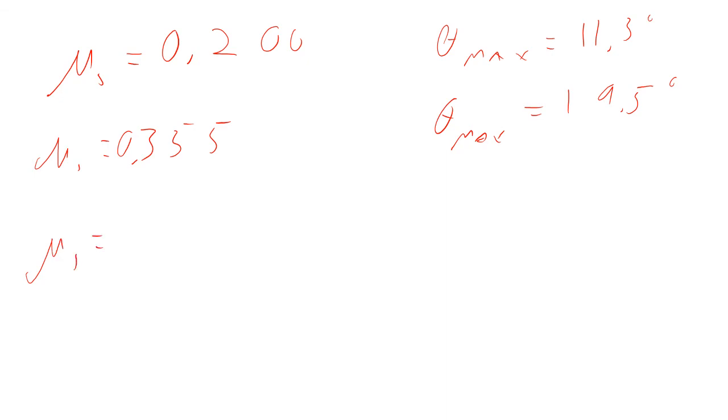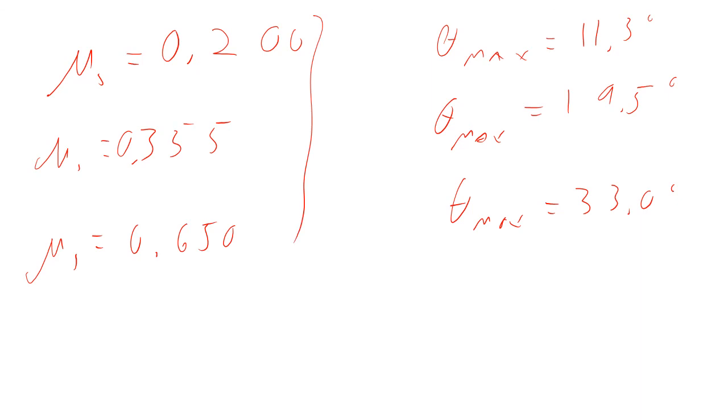If mu sub s is 0.650, then what you find is that theta max is going to be equal to 33.0 degrees. Okay, so in other words, this determines the maximum angle.